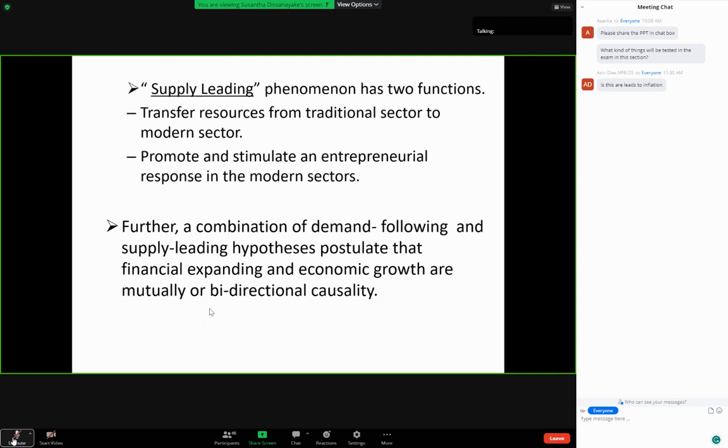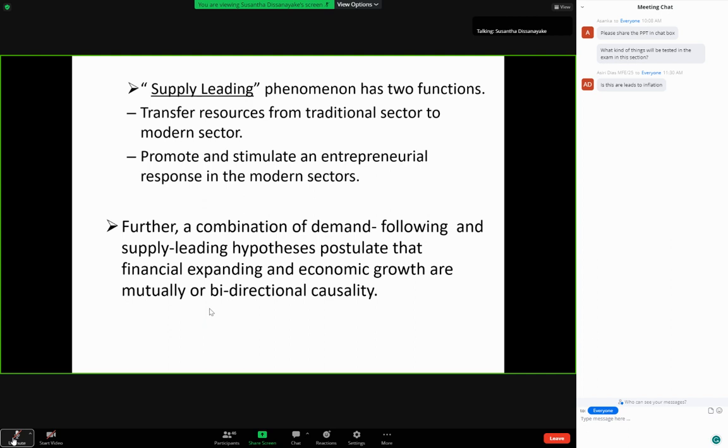Supply leading means initially the development of financial institutions happens, then economic growth will happen. So the third point, they are saying, is that this is happening simultaneously.